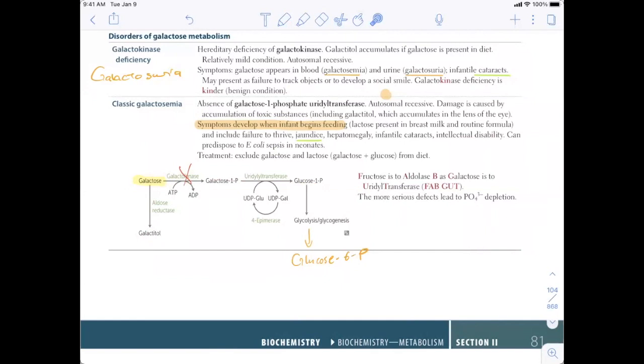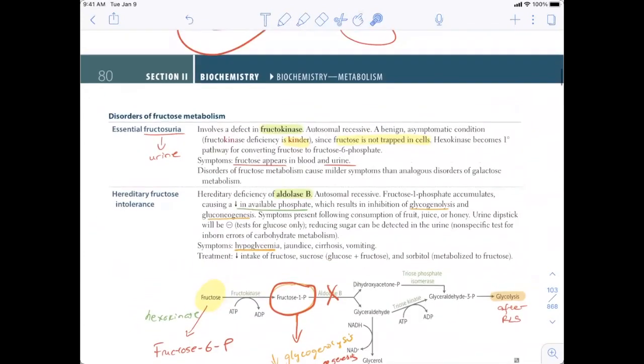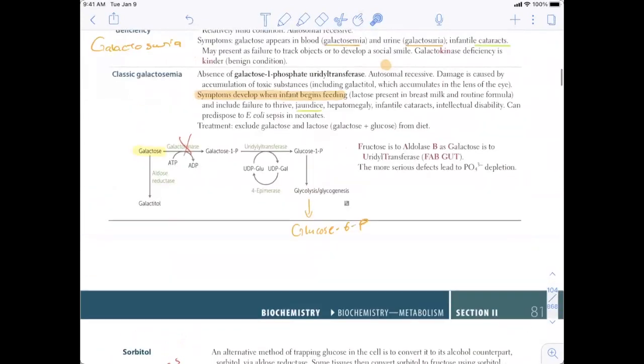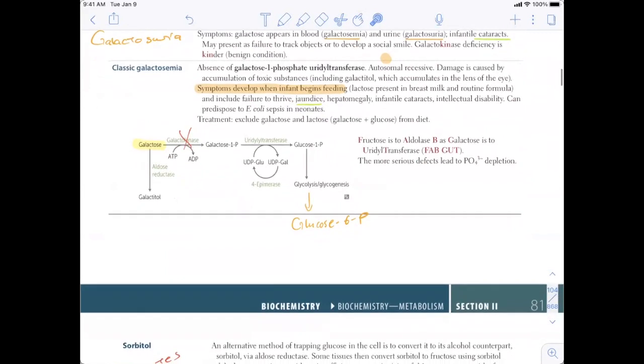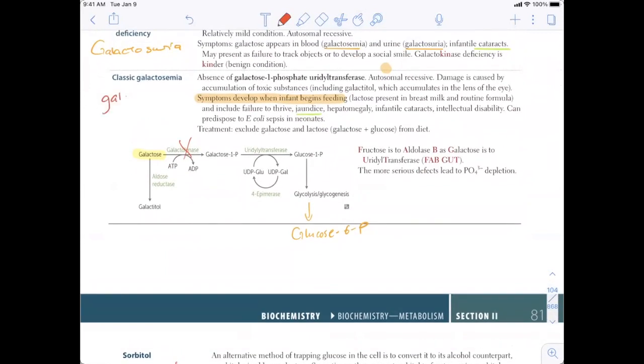But let's talk about the big one. It's classic galactosemia. Classic galactosemia is almost like your fructose intolerance. If you wanted to give this another name, even though that's not the name, you can almost call this a galactose intolerance, right? So it's like you have fructose intolerance, galactose intolerance.